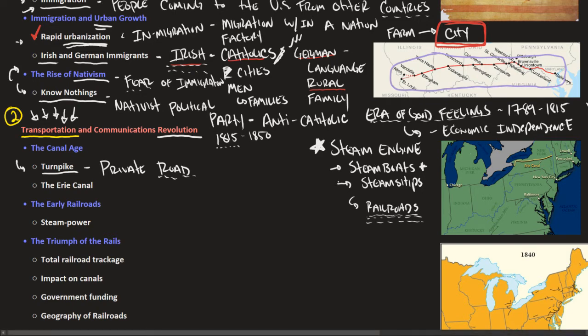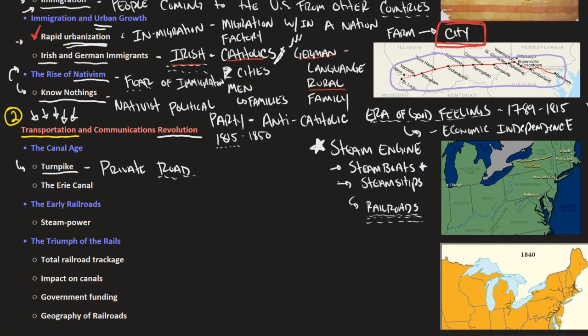But with the invention of the steamboat and the steamship, the Mississippi River, instead of becoming a one-way street, now became a two-way street. And that was true for every single river in the country. Now every single river could be sailed up and down, or east and west. And so this unlocked huge potentials for exporting and importing various goods.